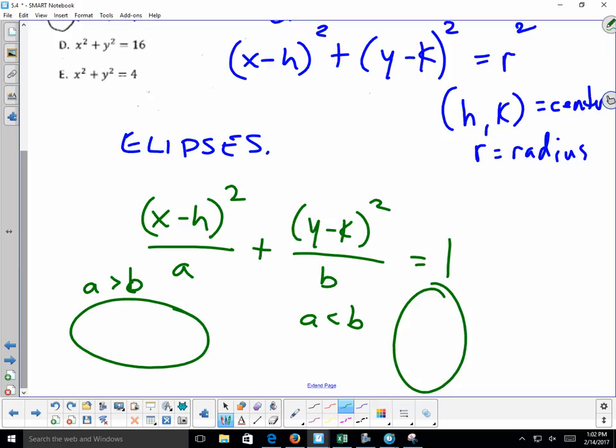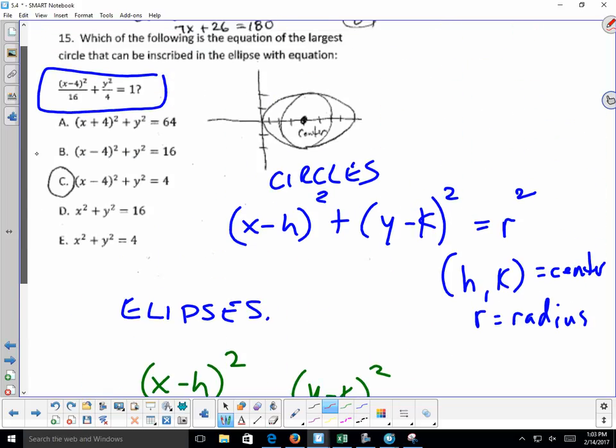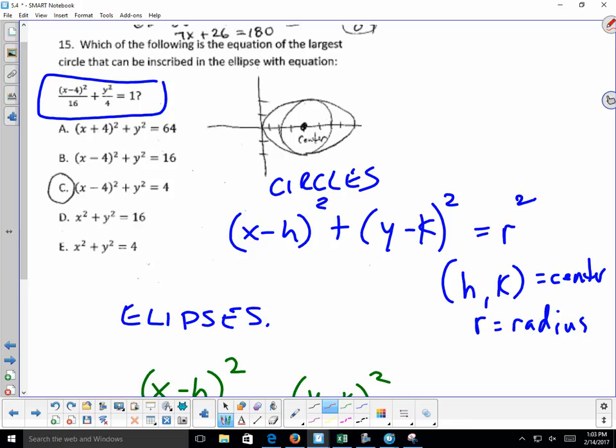What else can I say? This number here really gives you how many units out. Let's back up. Yeah, so here, if this is 16, x minus 4 quantity squared over 16. So this one, since this is the larger number here, that means this is a horizontally shaped kind of ellipse like this.